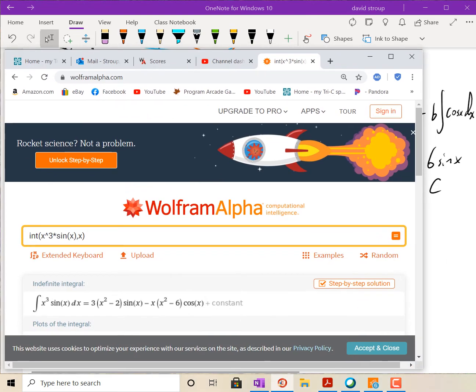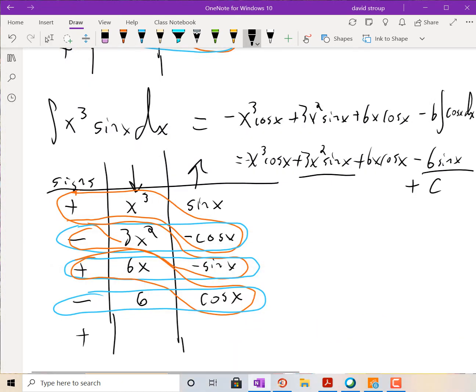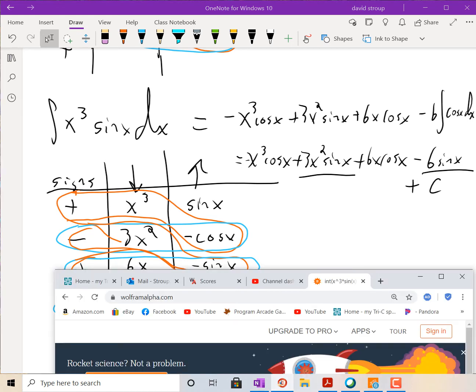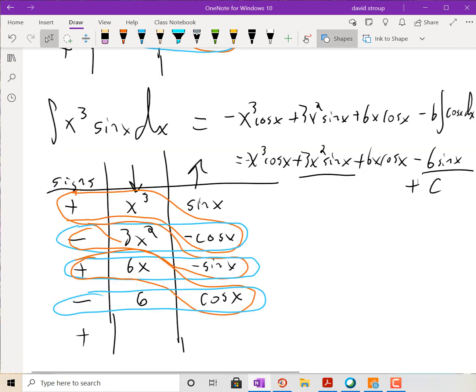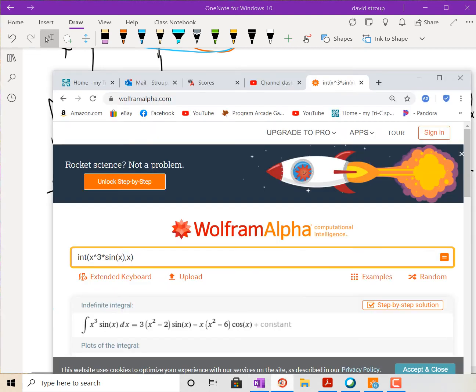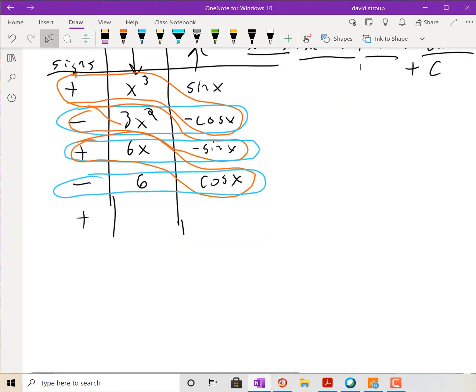We'll have a negative 6 sine x, which is right there. We'll have negative x cubed cosine x. So I have to kind of distribute it because they wrote it in a funny way. And then positive 6x cosine x. Positive 6x, yeah. Okay, so we nailed it.